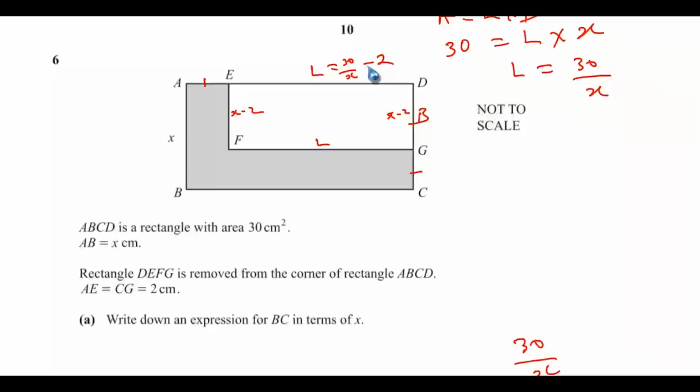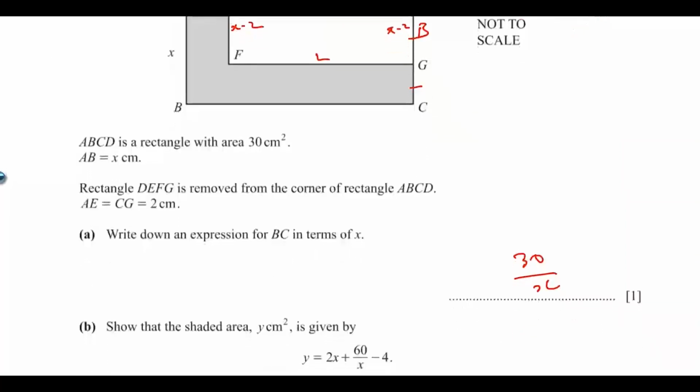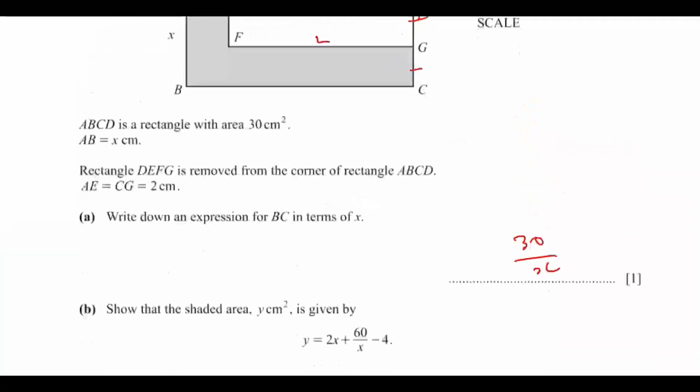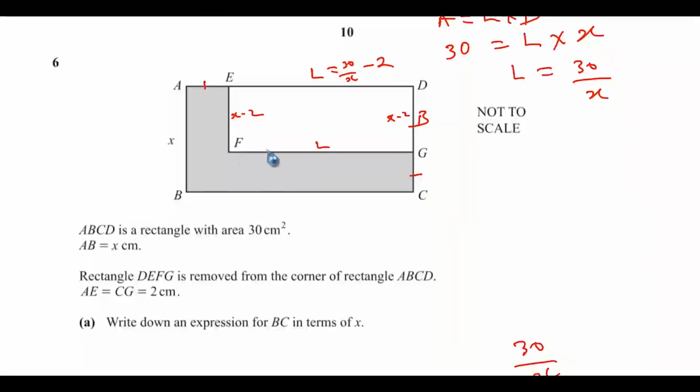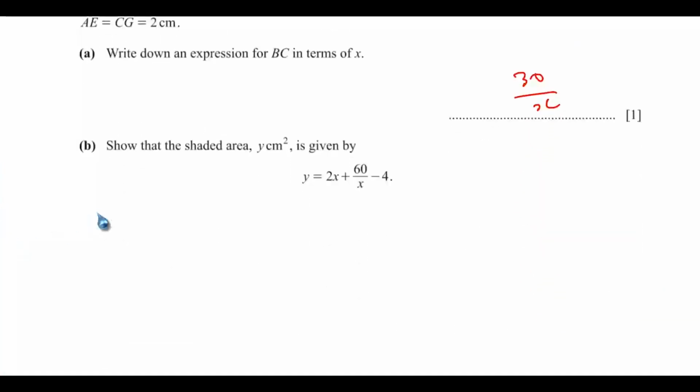Now let's use that to get the area of the rectangle that was removed. The area will be the length, 30 over x minus 2, in a bracket, then the breadth, x minus 2, as explained earlier.